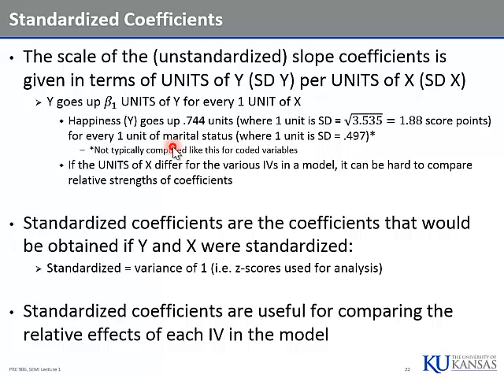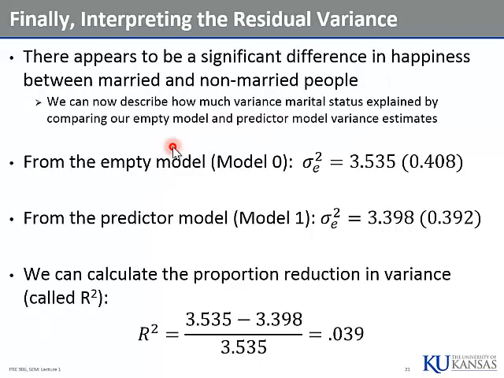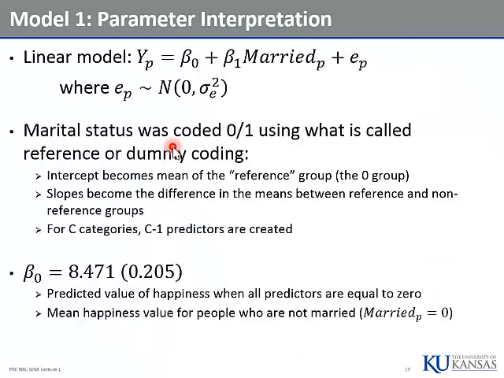Here it's kind of weird for our analysis since we have a coded categorical variable present, but if you think about it, beta 1, this term right here, is described in units of Y per units of X, just like any type of rate.